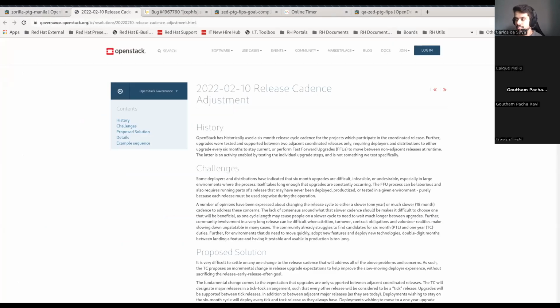I don't know if you have seen this, but it's a TC resolution that was merged a few months ago, I think. If you want to provide more context on this, Gautam.